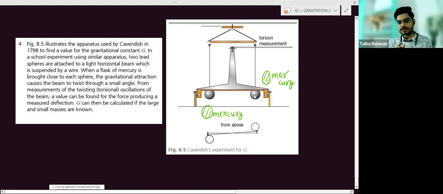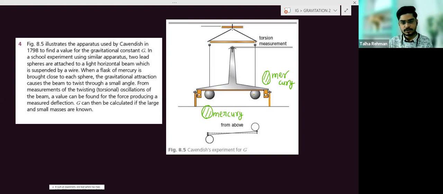So in between them there is a force of gravitation F. And on this mercury ball, the force of gravitation will be in this direction.